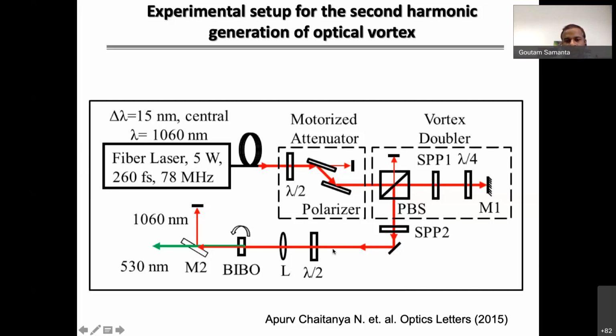We took that beam, used a waveplate to rotate the polarization state, and focused it at the center of the nonlinear crystal. It's a BiBO, bismuth borate crystal. Then we separated the generated radiation from the fundamental. Because we are studying the second harmonic emission, we expect that wavelength to be half. Then we study the spatial structure of those beams.